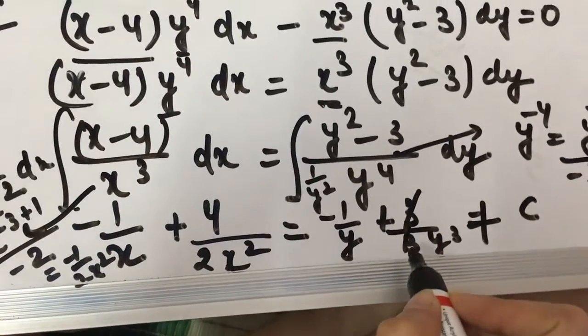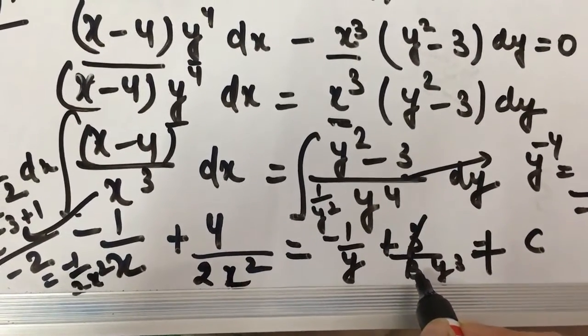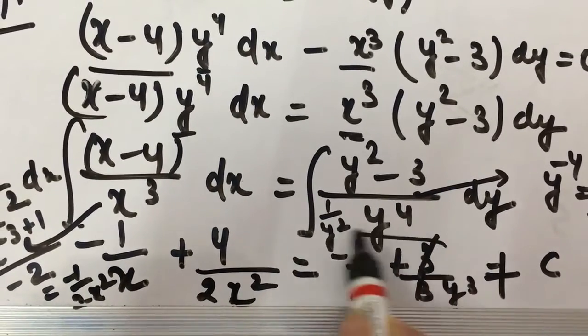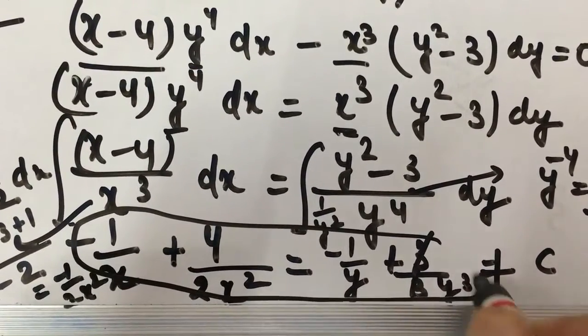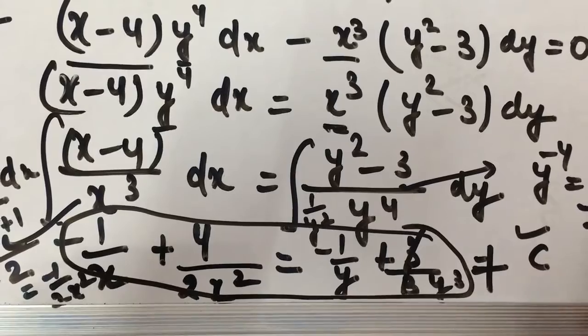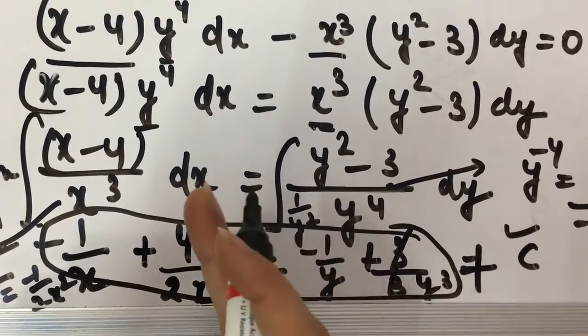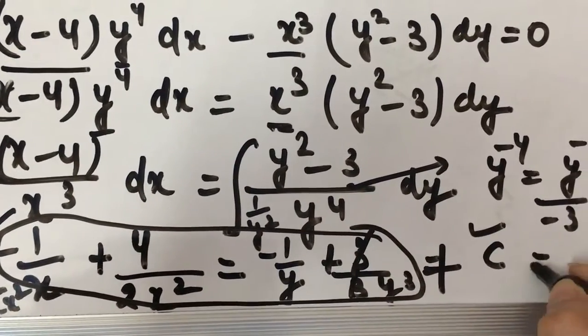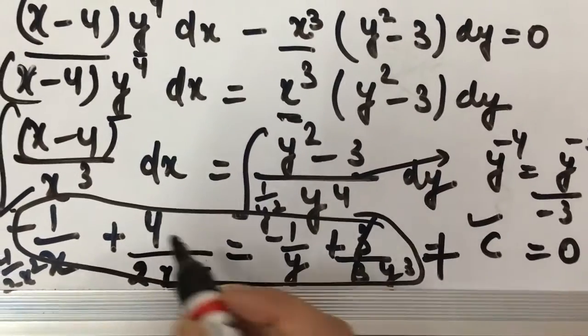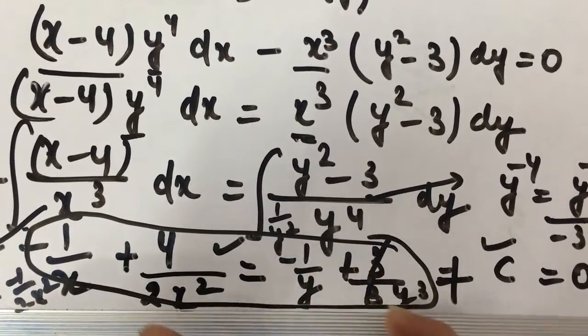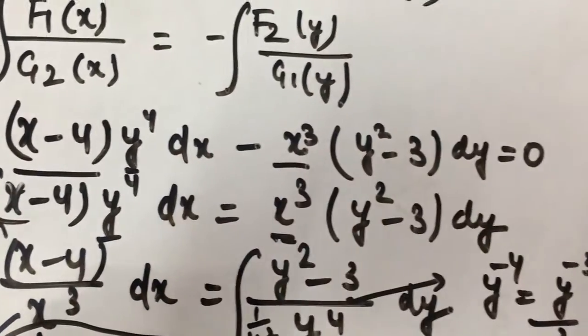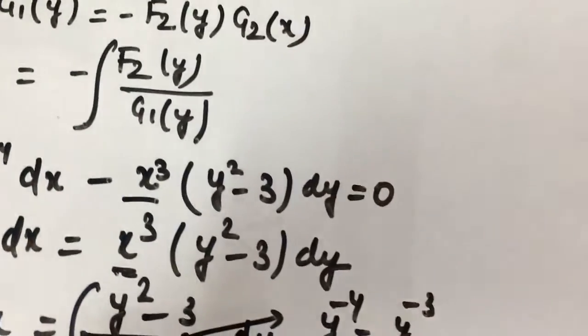Now for its solution, we can take these functions on one side and the remaining c on the other side, or we can take the whole equation on one side and put it equal to 0. This is the final solution of this differential equation by the variable separable method.